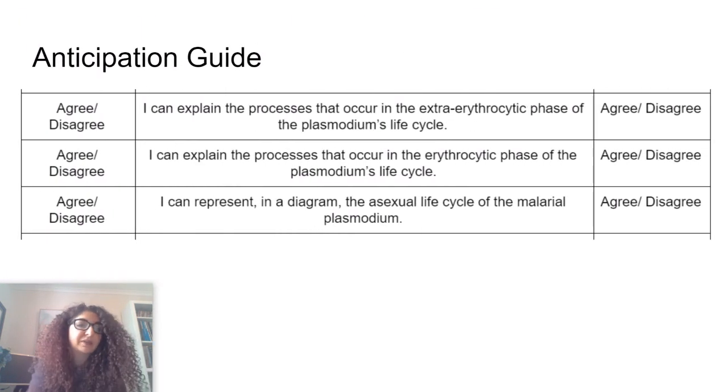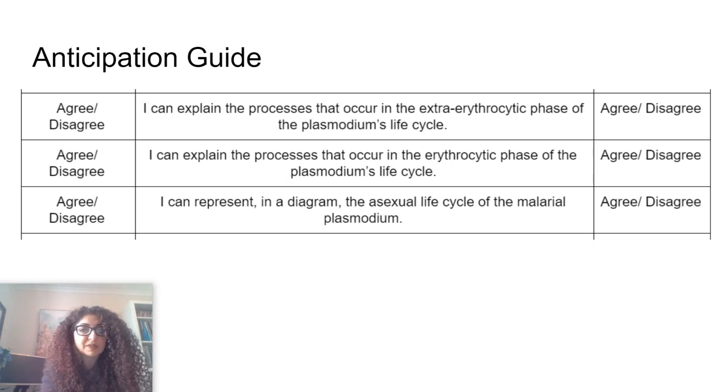All right, now if you go to your anticipation guide, please, let's go through the statements and decide whether at the start of the topic you agree or disagree with this. So I can explain the processes that occur in the extra-erythrocytic phase of the Plasmodium's life cycle. I can explain the processes that occur in the erythrocytic phase of the Plasmodium's life cycle.